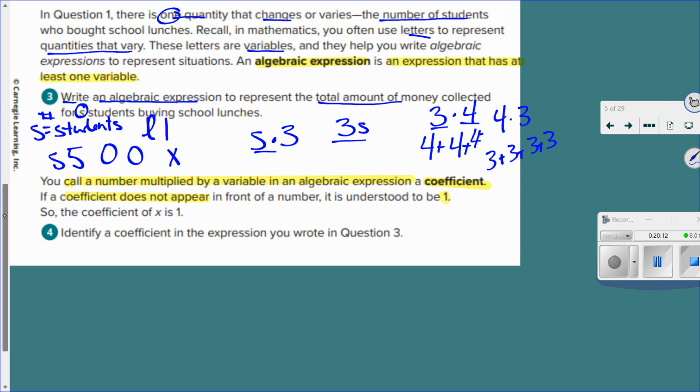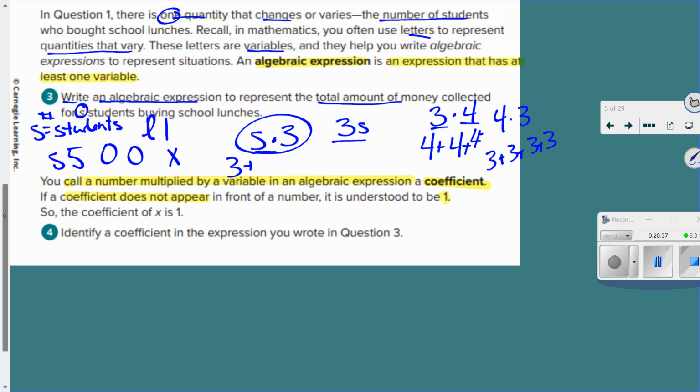So now, given this thought process, if I say S times 3, what number is it that I'm repeatedly adding? 3. So to model this, how many times am I going to add 3? I don't know.